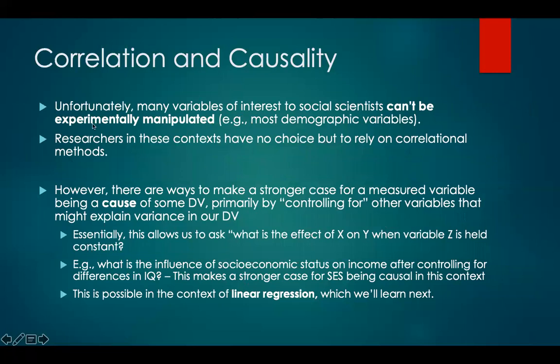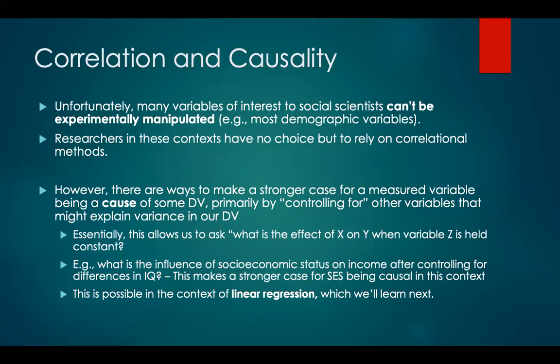So unfortunately, many variables of interest to social scientists can't be experimentally manipulated, like most demographic variables. Researchers in these contexts have no choice but to rely on correlational methods. However, there are ways to make a stronger case for a measured variable being a cause of some dependent variable, primarily by controlling for other variables that might explain variance in our dependent variable.